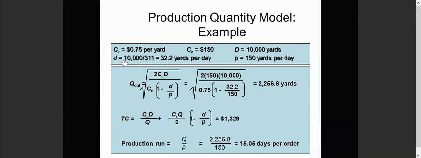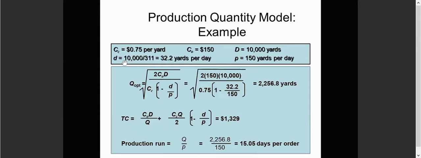For example, we have information of a problem regarding the production quantity model. We have carrying cost, or holding cost, of 75 cents per yard, and setup cost. Normally in the production quantity model, we do not mention ordering cost.